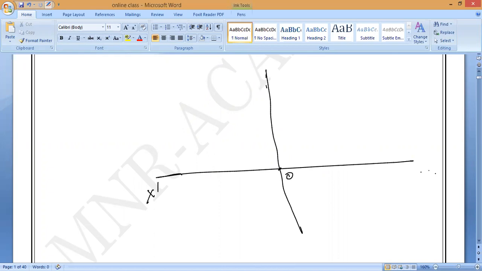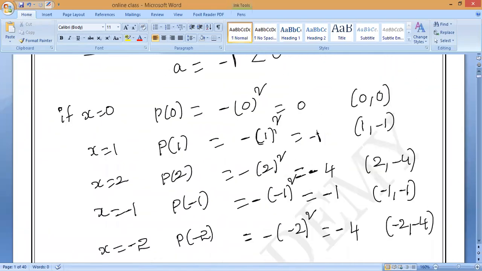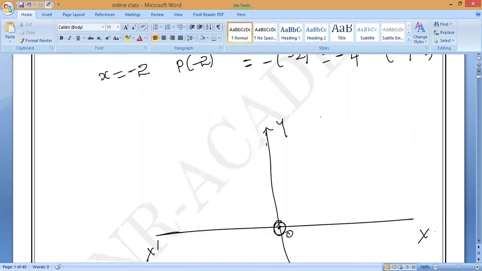On the x-axis and y-axis, the first point is 0 comma 0, correct? Next point is, what is the next point, Ra? 1 comma minus 1, ma'am.